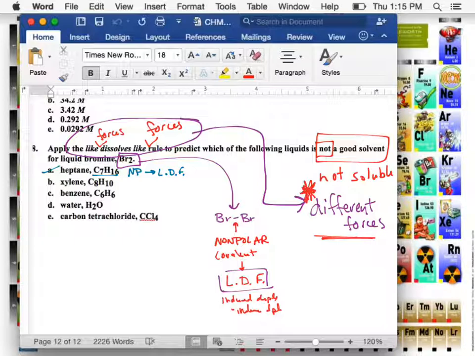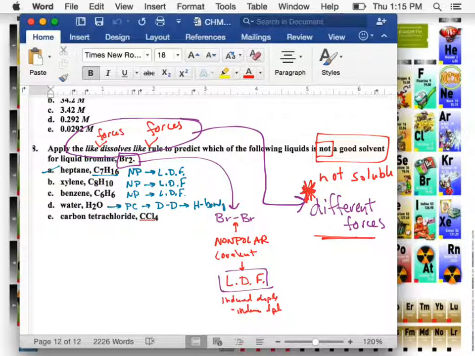Xylene, C8H10. Non-polar London dispersion forces. Benzene. Water. Polar covalent, which gets us officially our dipole-dipole, which gets us hydrogen bonding.